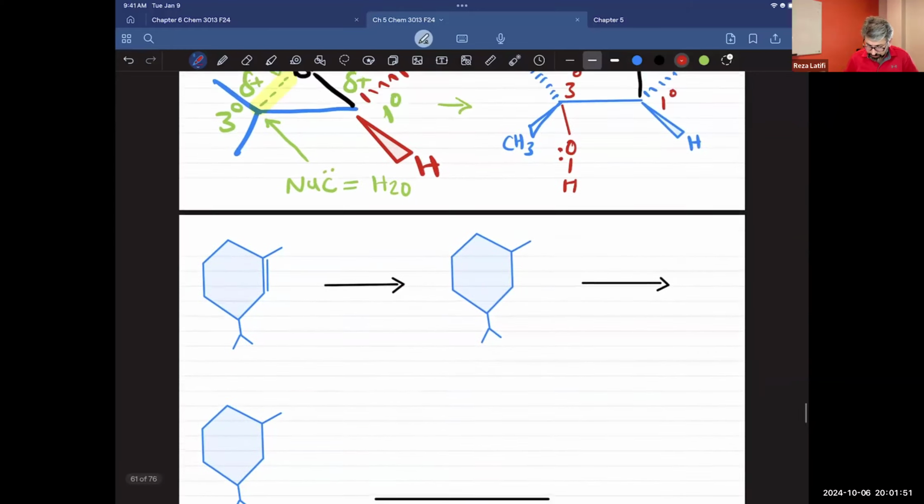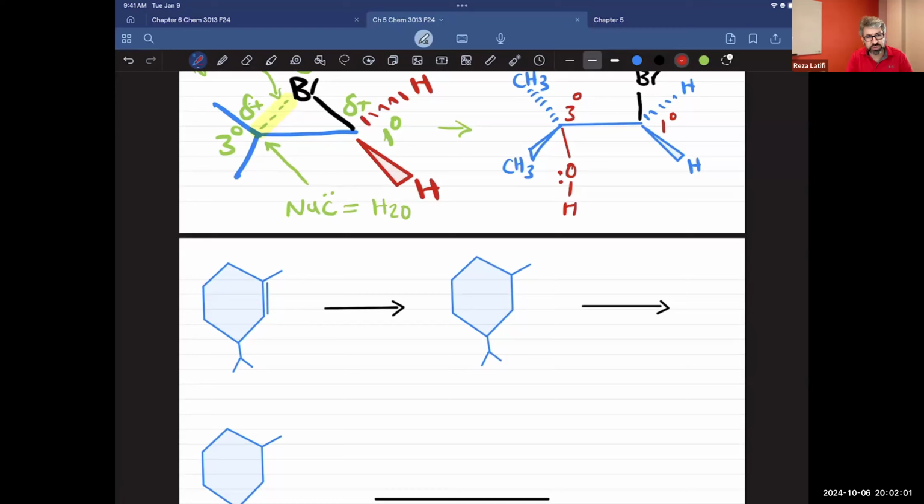What will happen if we have, for example, a carbon, and this carbon has a ring, and as you see, we have one that is tertiary, and the second one is secondary, and if you introduce bromide in the presence of, for example, water, okay, first step, you will get this intermediate.